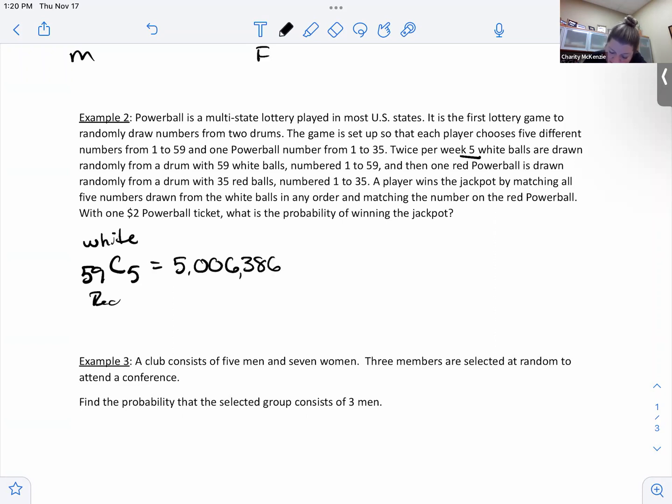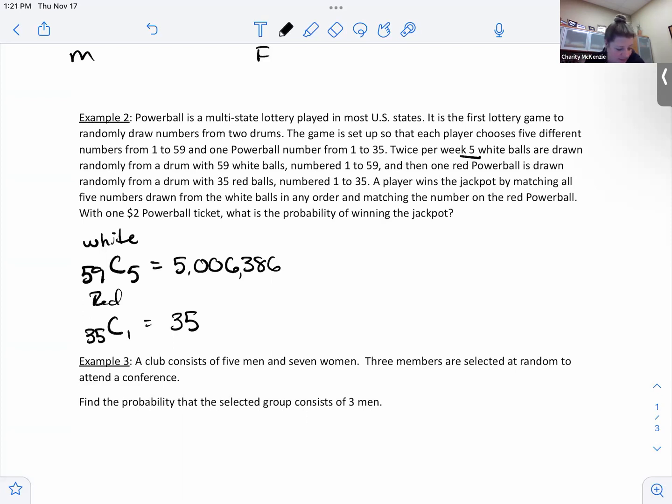Okay, and then we look at the red one. That's our Powerball, and there are 35 of those. So 35, and you only choose 1. So 35 choose 1 is 35. So how many total ways are there? It's multiplying these options together. That's how many different options there are.